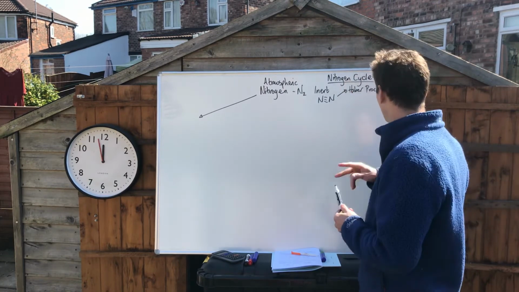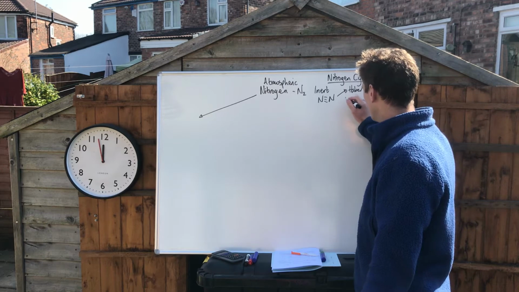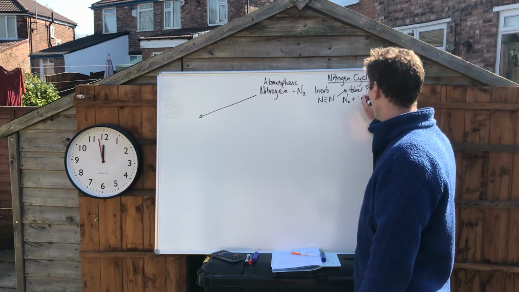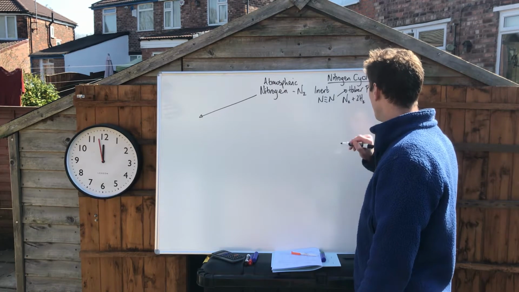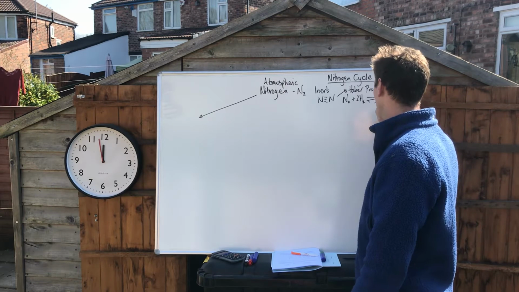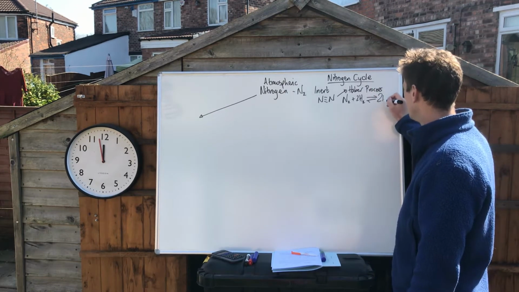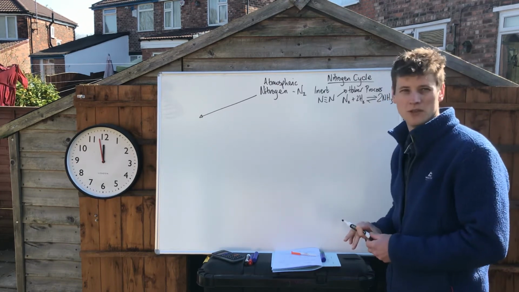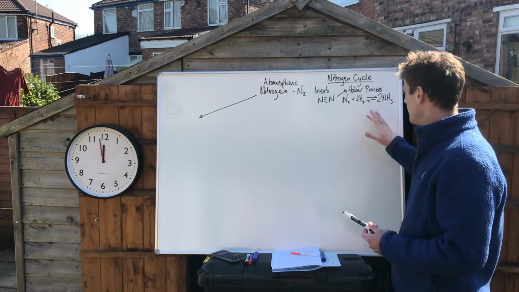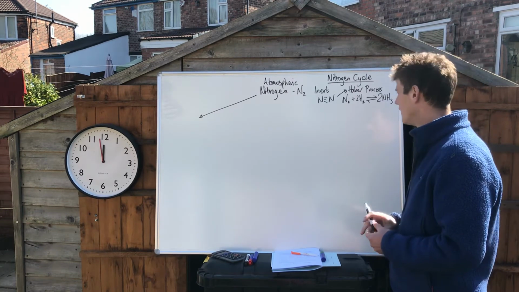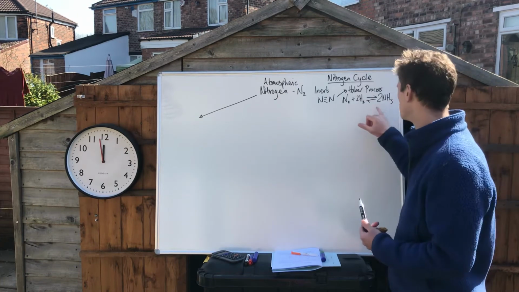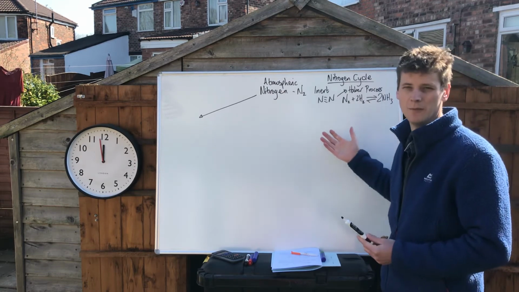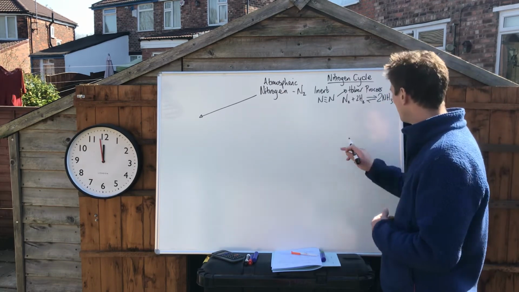So that Haber process involves reacting nitrogen with hydrogen gas, and there's that reversible reaction which would make 2 ammonia molecules. So that is the synthetic way of making ammonia, and like I said, that's used for the production of fertilisers. We'll come back to why that's significant later on when we think about agriculture and farming. There is a second way.